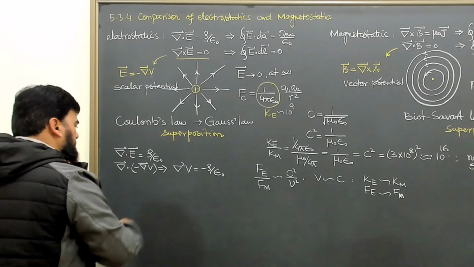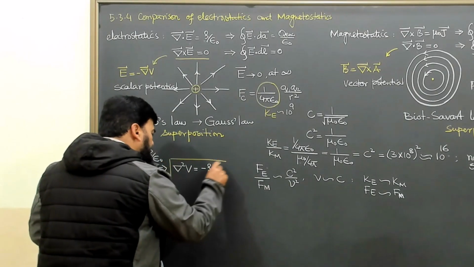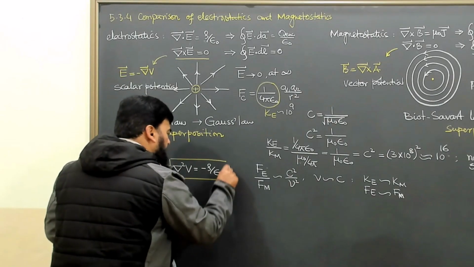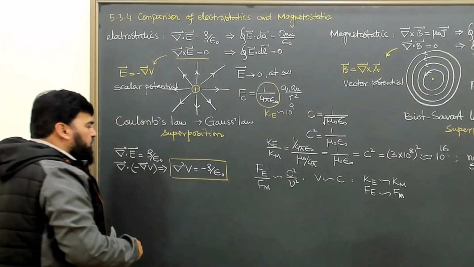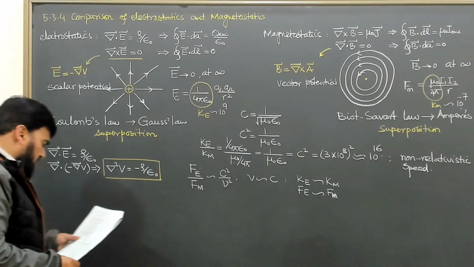So this is in the form of the Laplacian. The Laplacian of V is minus rho over epsilon naught.